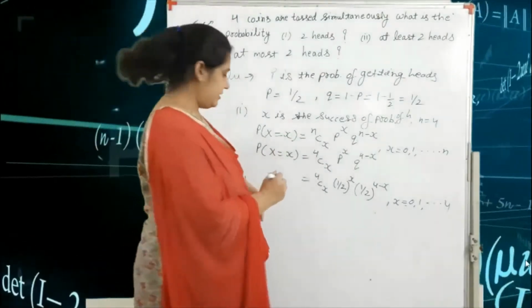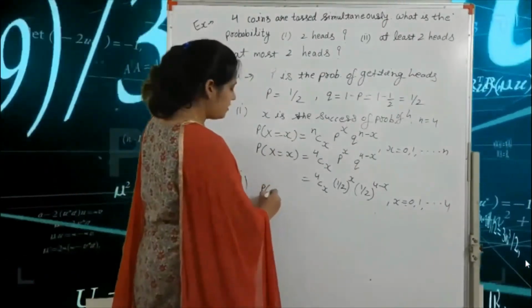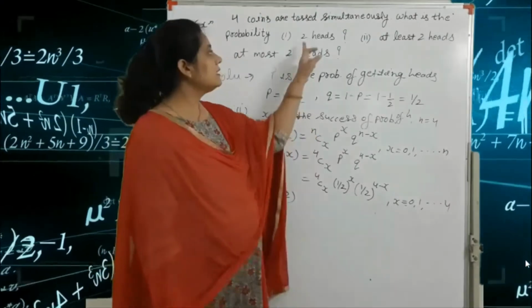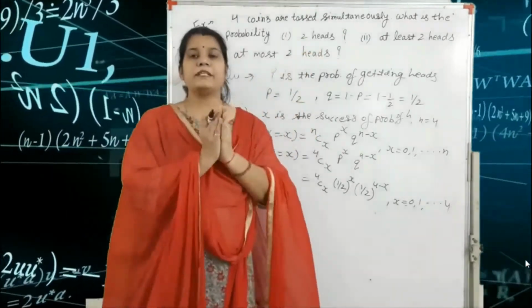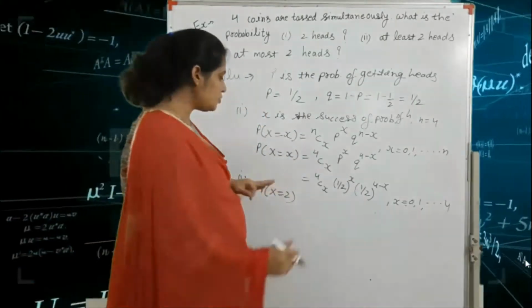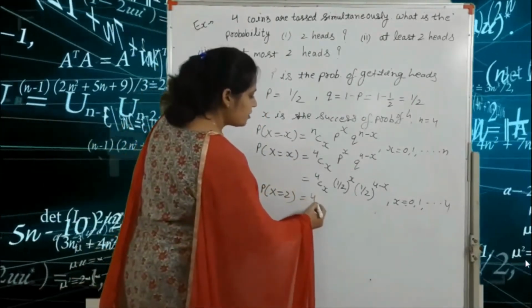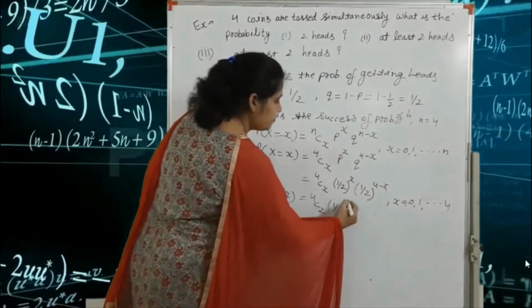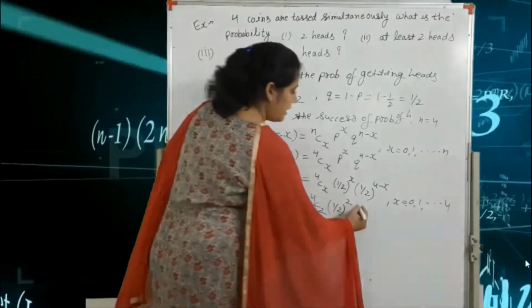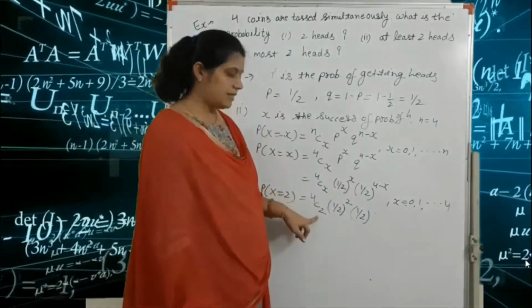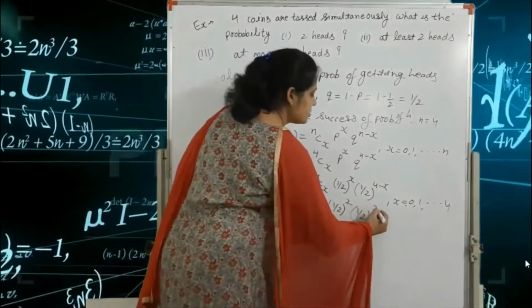First we find the probability of x equal to 2, because here we want the probability of exactly two heads. So put x equal to 2. So 4C2 (1 by 2) power 2 and (1 by 2) whole raised to the power 4 minus 2, that means 2.